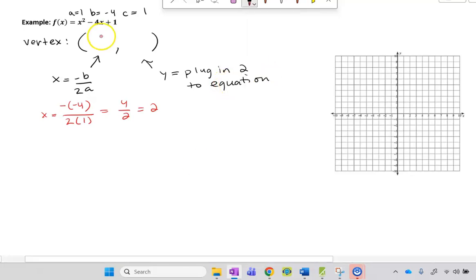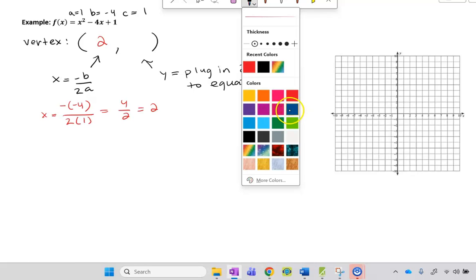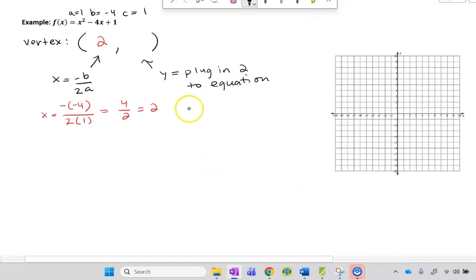So for x, I got 2, and now I have to plug that in to get y. So that's going to be 2 squared minus 4 times 2 plus 1, which is 4 minus 8 plus 1. And I got -3.